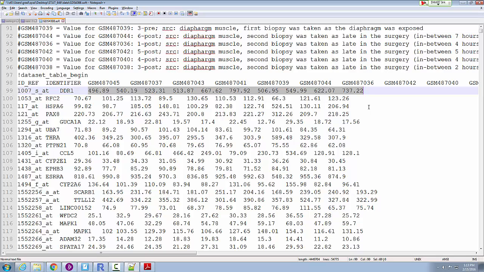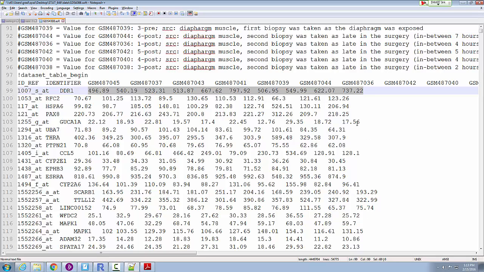Okay, so suppose we want to test gene by gene. Is this gene different? Is it responding to trauma? What might you do? You have 10 numbers for this first gene, DDR1. Yes or no, is this an interesting gene? What would you do? Just forget about bioinformatics.